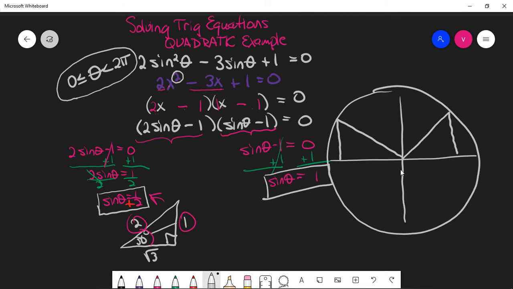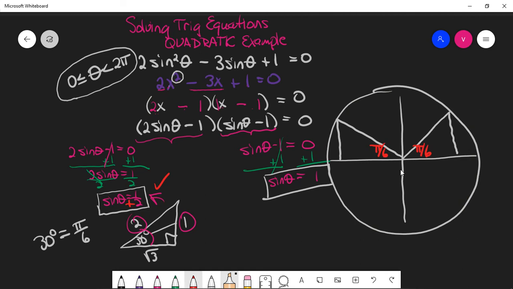I'm also going to work this in radians just so you get used to it. So 30 degrees is the same as pi over 6. So we have a pi over 6 here and a pi over 6 there. If you're going around the circle from 0, that's one time around. You're never going to get another solution for sine equals positive 1/2.